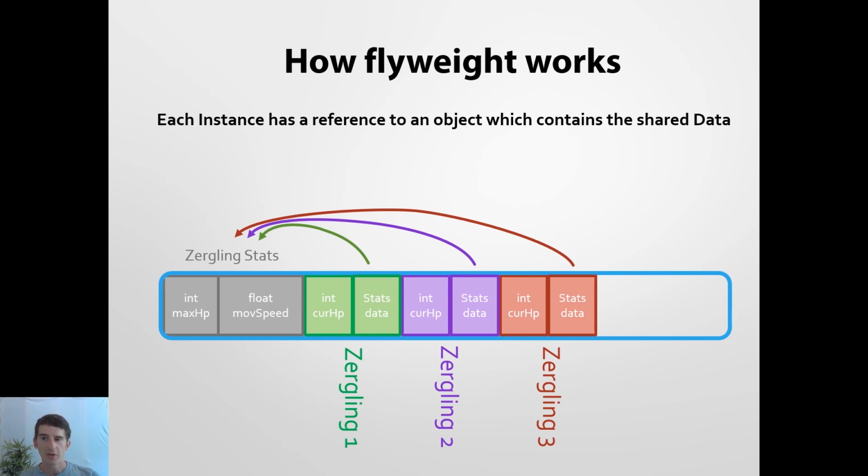But no matter how big this circling stats variable would get, so if we had 500 different variables, each instance wouldn't grow. They stay that small. And you have these 500 variables only once in your memory, and they're only referred to by your instances, okay? So if you get this, then the code should be really easy to understand. But this is an absolutely key concept to get.